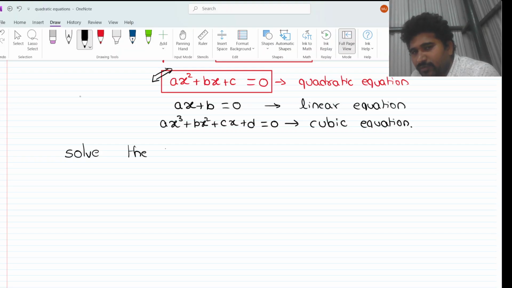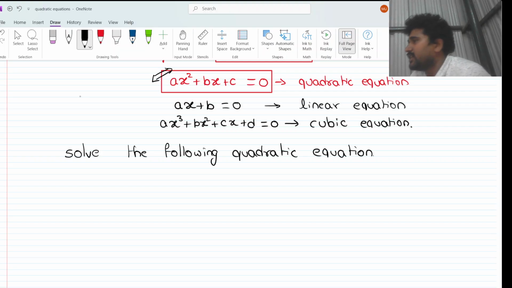In the quadratic equation, they will ask: solve the following quadratic equation.